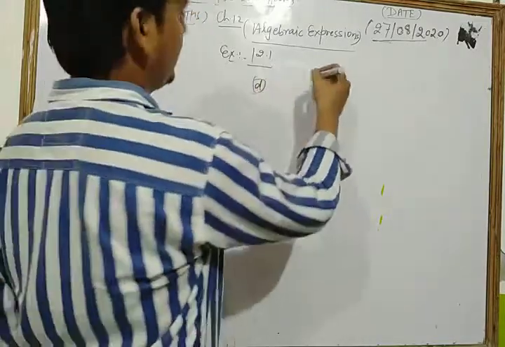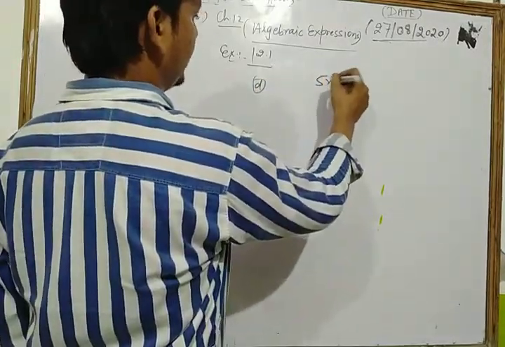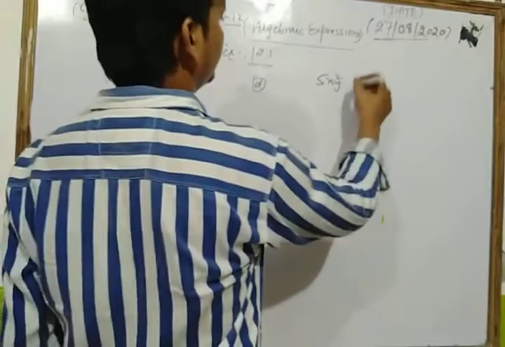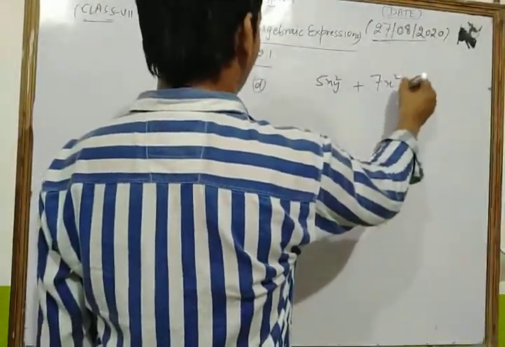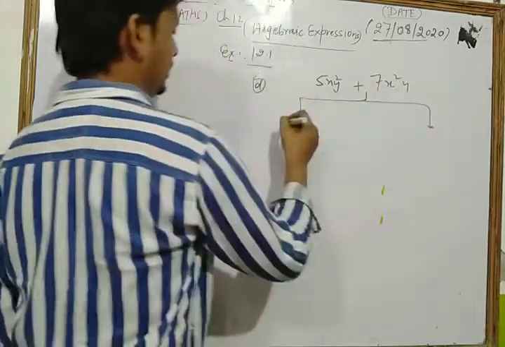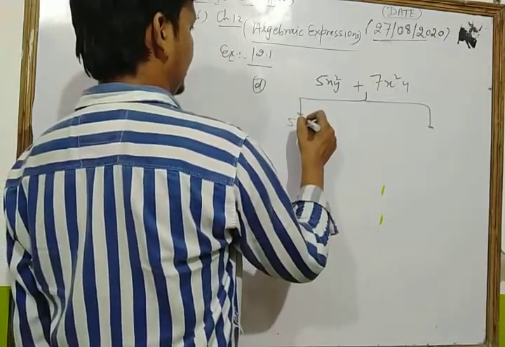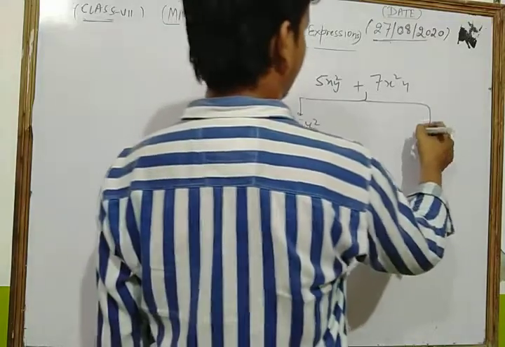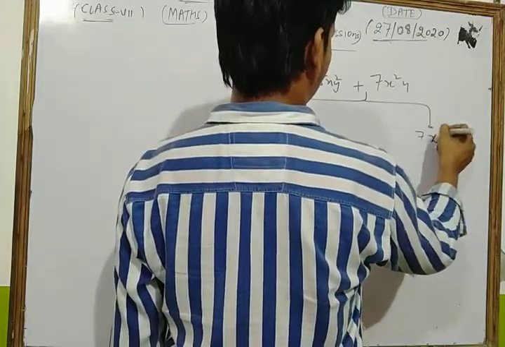Then we write 5, x, y square, and here we write 7, x square, y.